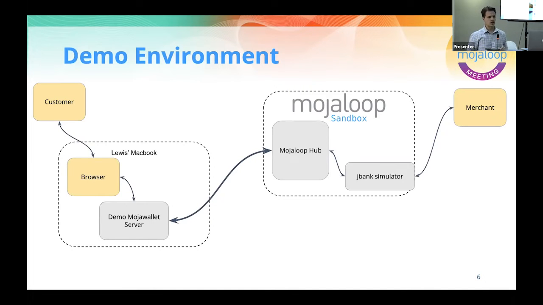Demo Mojo Wallet connects to the Mojo Loop sandbox, which then has on the receiving side, the merchant receiving side, the JBank simulator, which is just an imaginary bank. So on the left-hand side is me, the customer, who wants to buy some goods. And on the right-hand side is the merchant who's going to present the QR code to the customer.